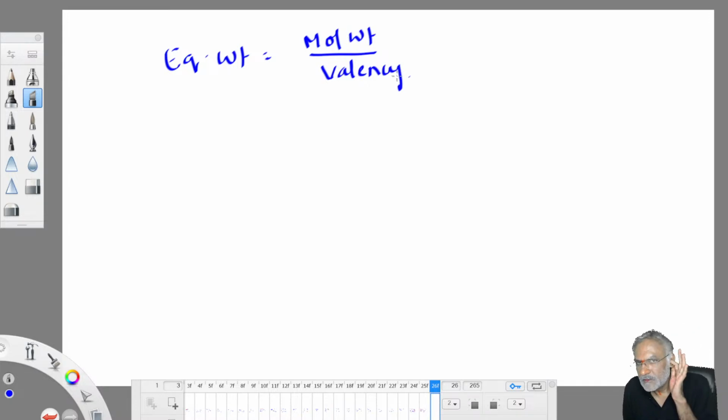Valence is nothing but a charge, how much charge that particular substance carries with it. Understood? Okay. Now using this, anything you can work out.